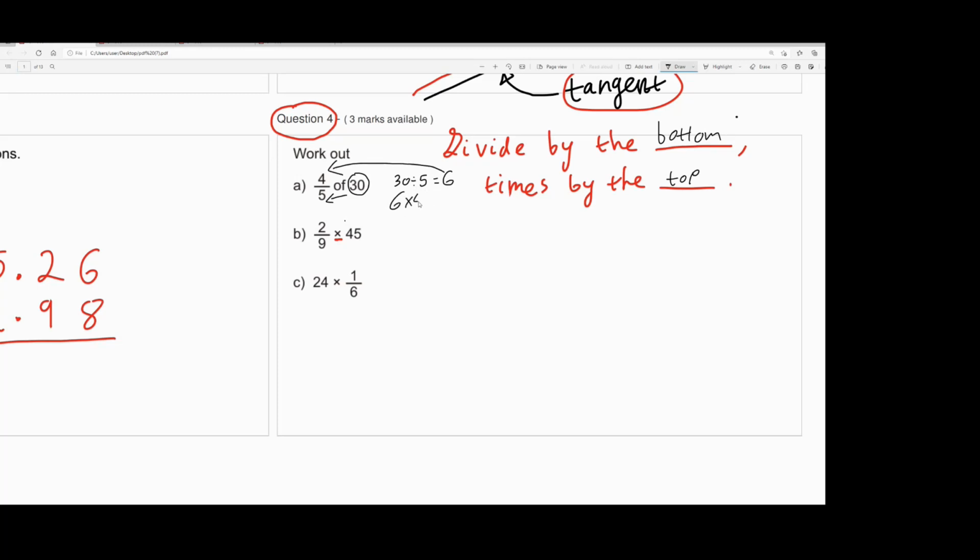So 6 times 4, which would be 24. And that would be our answer there. Okay. So have a go at B. It's the same thing because times means of, or of means times. So we've got to do the same thing for B. So have a go at B. If you can get some paper, Josh, maybe. And just have a go at B, and then we'll go through in a sec.